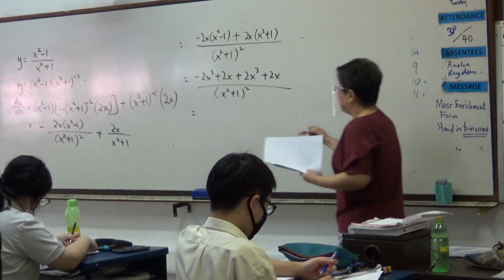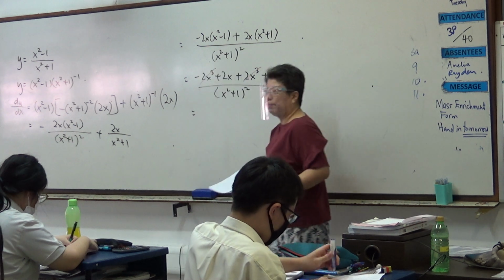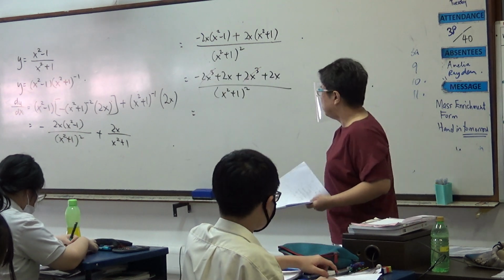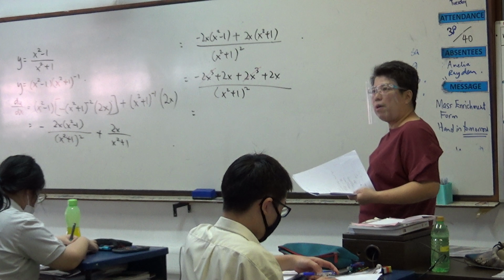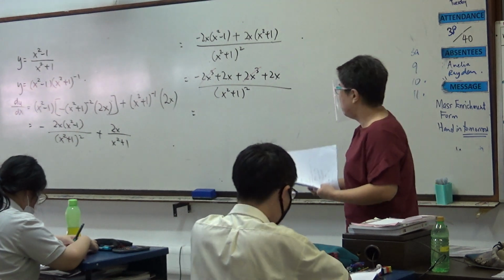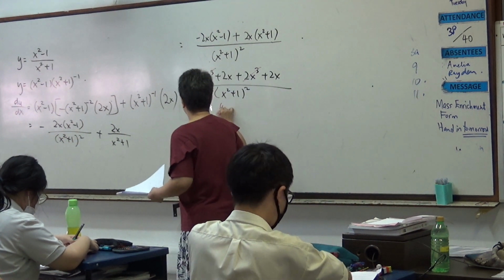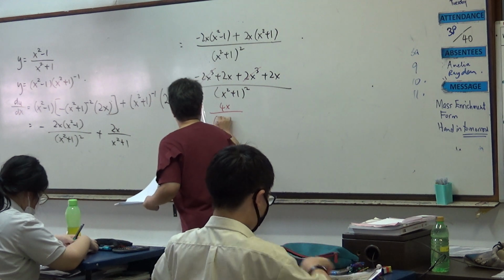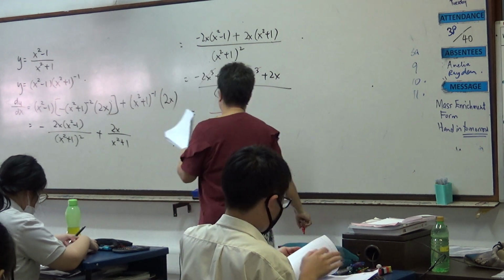Now, can you see this is wrong? Minus 2x cubed plus 2x cubed is 0, right? Alright? What's the final answer? 4x over x squared plus 1 squared.